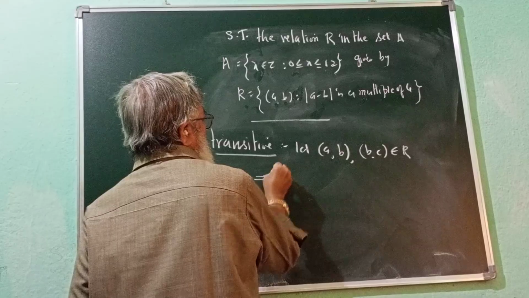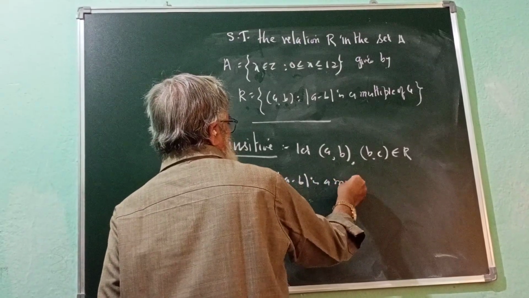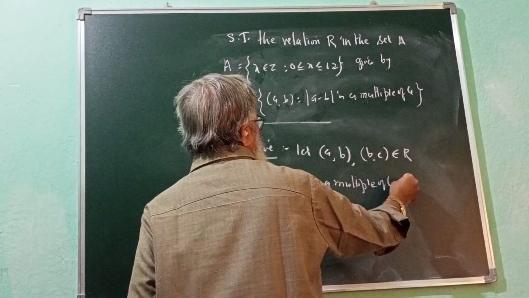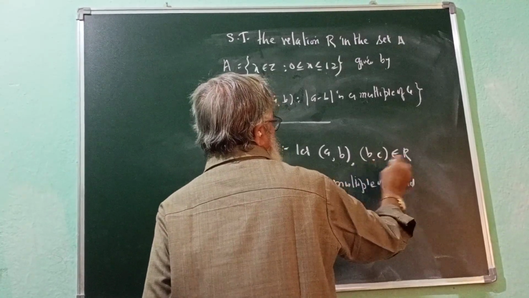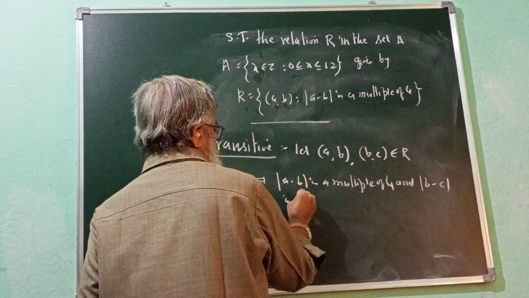It means mod of A minus B is a multiple of 4. And for this, mod of B minus C is also a multiple of 4.